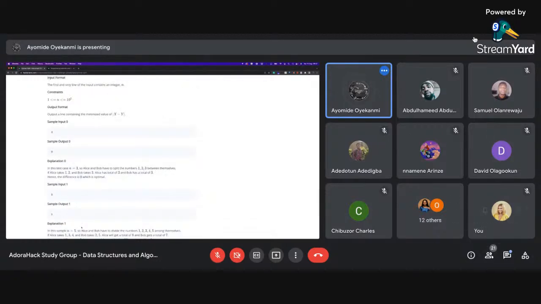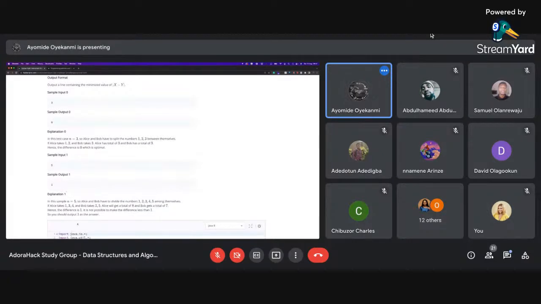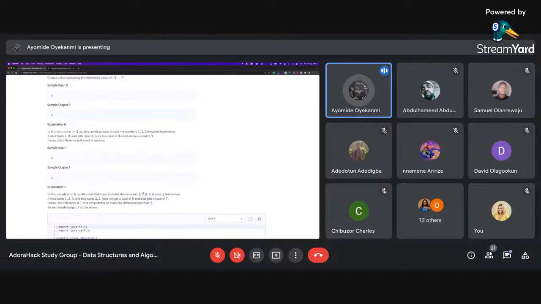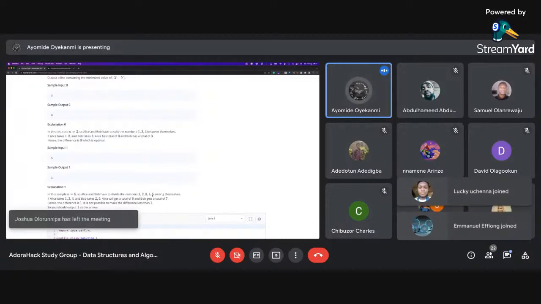Does this make sense? If you have 5, for example, it means you have 1, 2, 3, 4, and 5 in your array. You want to split them between two people, Alice and Bob, such that the difference between their totals is as small as possible, meaning the totals are as close to each other as possible.